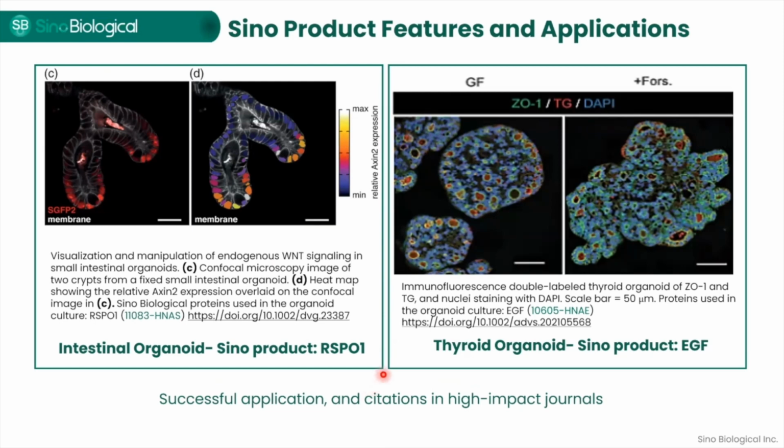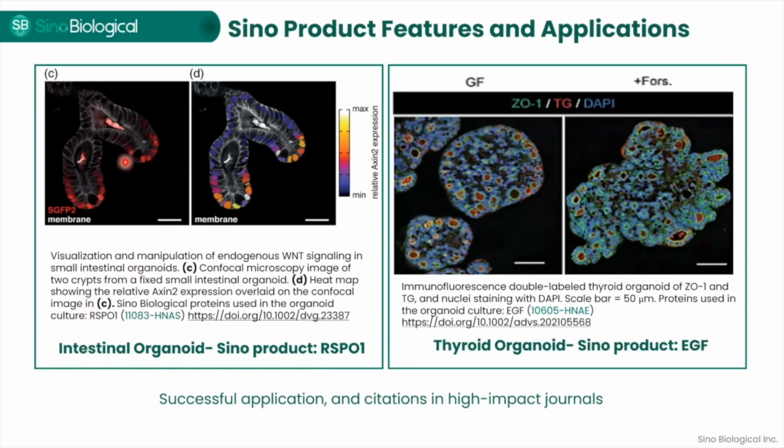I have shared that Sino Biological growth factors and cytokines are well trusted by its users, and they are highly cited in their publications. Here are two examples from the citations of our cytokines and growth factors.